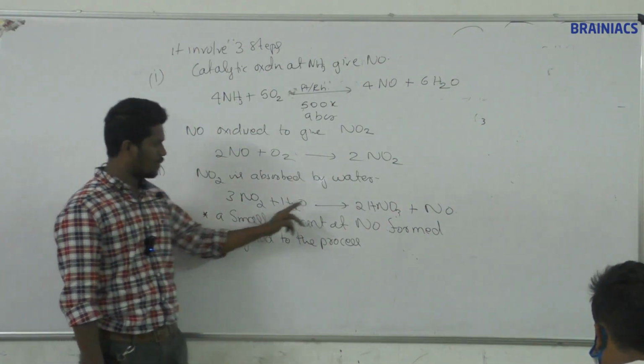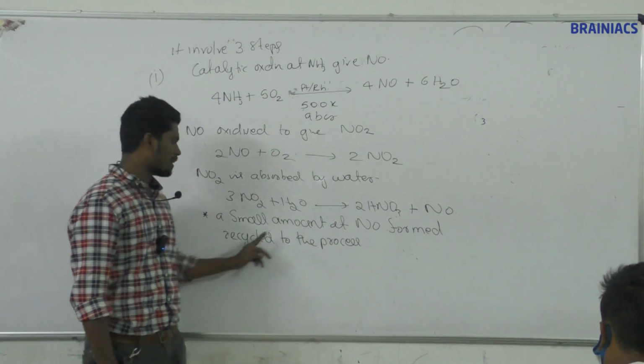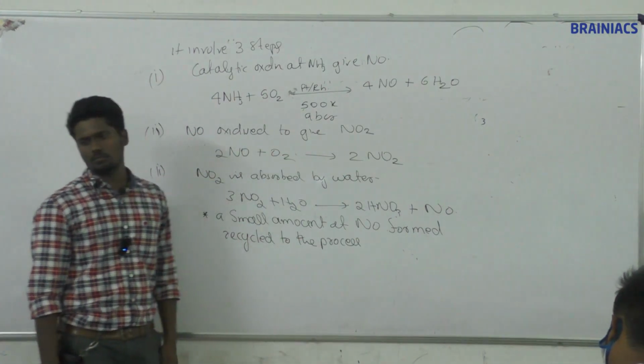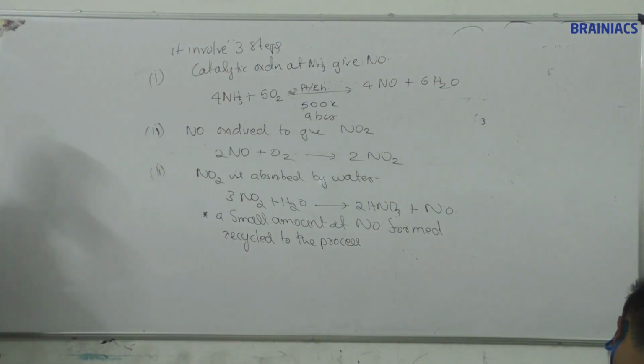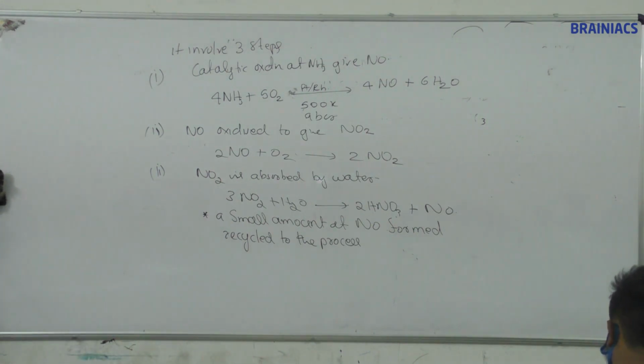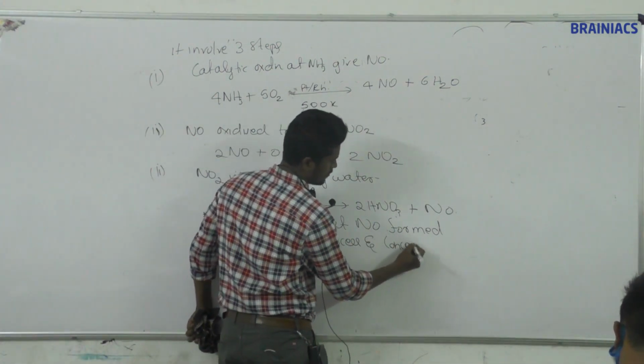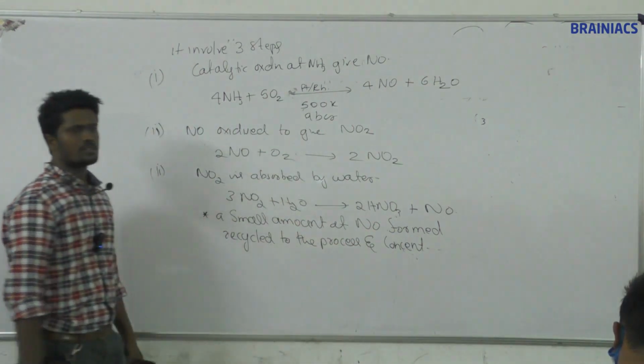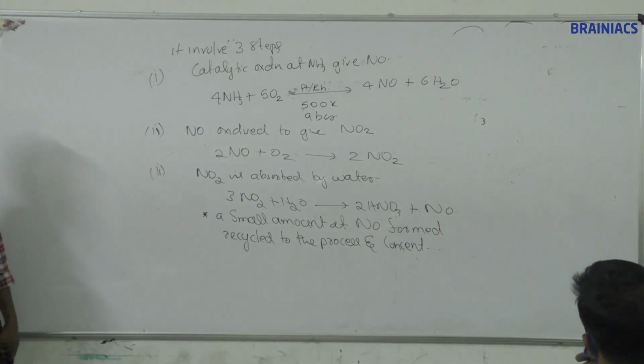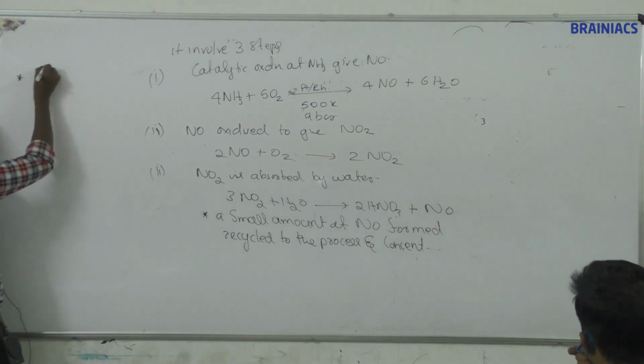HNO3, and there is a small amount of NO formed, recycled to the process and concentrated up to 68% by mass. Okay, it can be concentrated up to what?